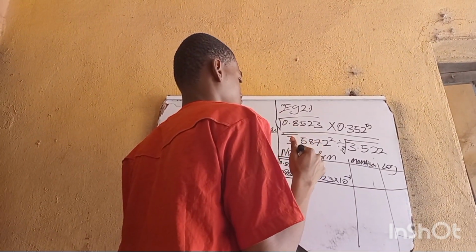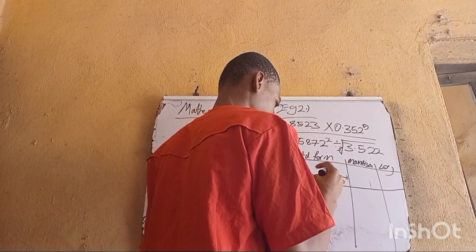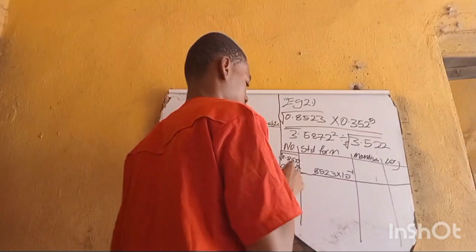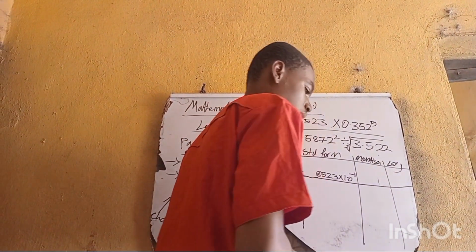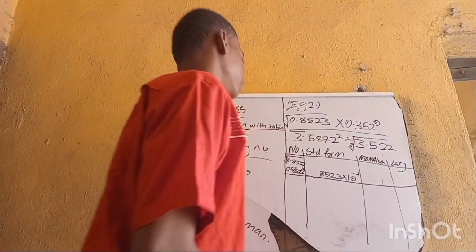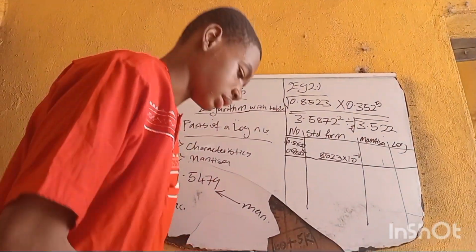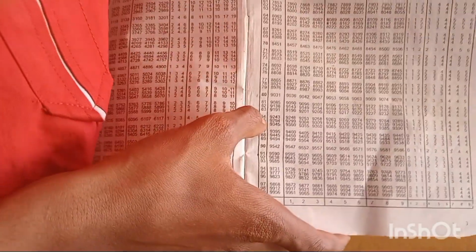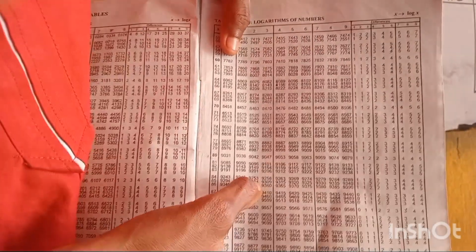Now, for the mantissa of this number, you take your 4-figure table, and you look for 85 under 2, difference 3. 85, here is 85, under 2 is 9304.